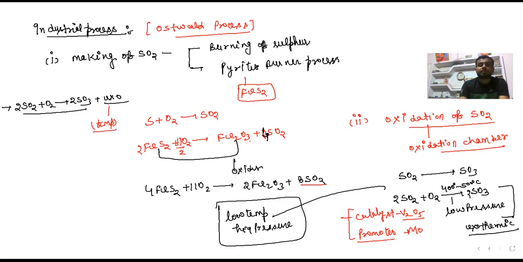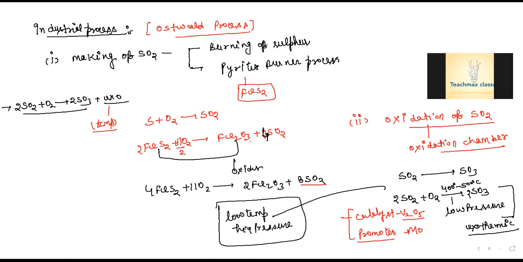Okay, yes, sir. Okay, so for the Haber process, beta, can you tell me the correct way for optimization of NH3?